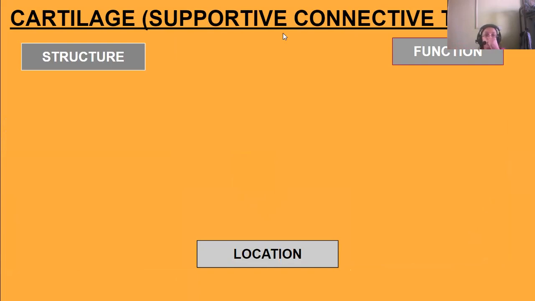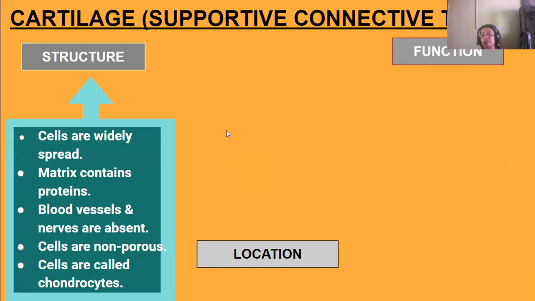What is the structure of the cartilage cells? The cells are widely spread, not close to each other, on a matrix. Here also there is a matrix in which the cells are arranged, like that of the fibrous connective tissues. There's a matrix which contains proteins.